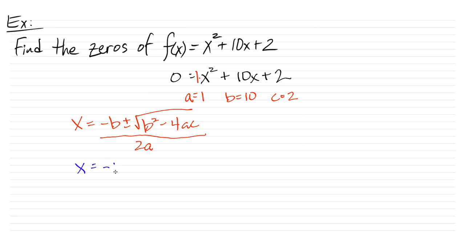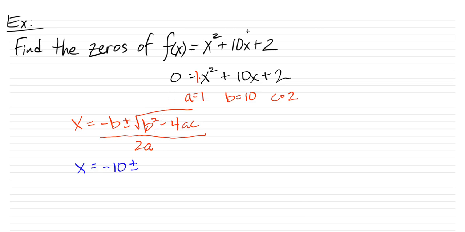We've got negative 10, plus and minus. Now, what a lot of students will eventually ask is, how do people come up with these formulas? How did somebody just know to write this down to find answers?